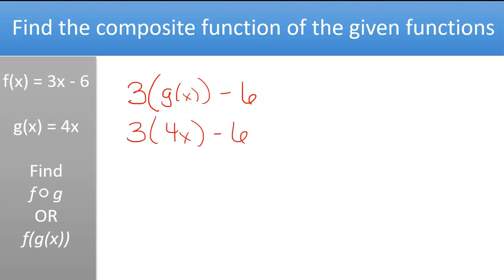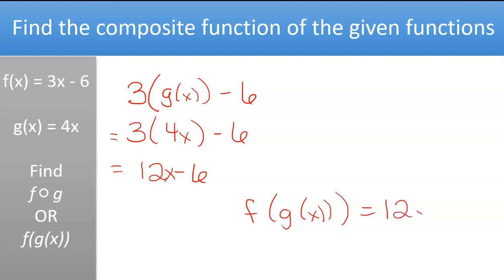And if I do some simplification, 3 times 4x is equal to 12x, and then I bring down my minus 6. So f of g of x is equal to 12x minus 6.